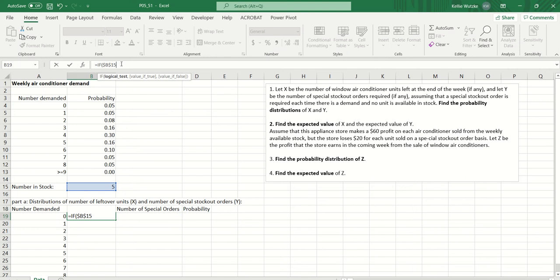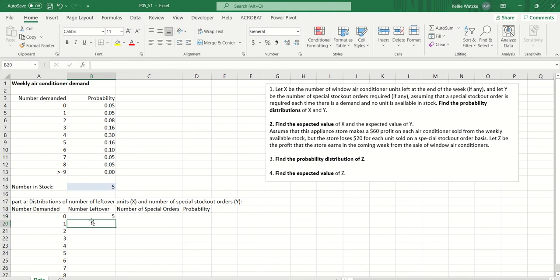So if the number in stock is greater than or equal to the number demanded, which is right here, and this number I don't want to fix, I want it to change as I pull the formula down, then the value if true is going to be the number in stock, as an absolute reference, minus how many are demanded. So if none are demanded and I have 5 in stock, I will have 5 left over. And if that's not true, if there's more demand than in stock, then I'll have 0 left over, and I don't want to go negative.